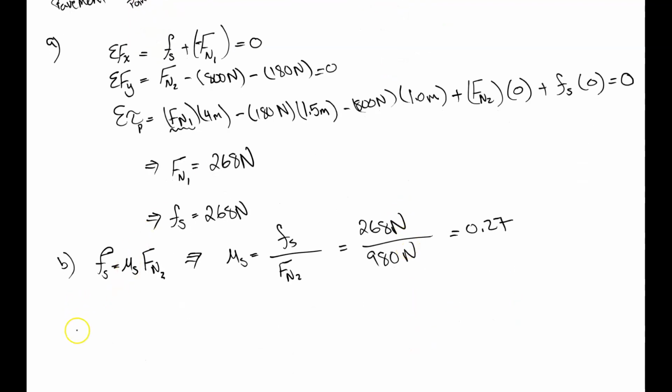Keep in mind that whenever you're finding coefficients of friction, whether it's kinetic or static, you want to be between 0 and 1.